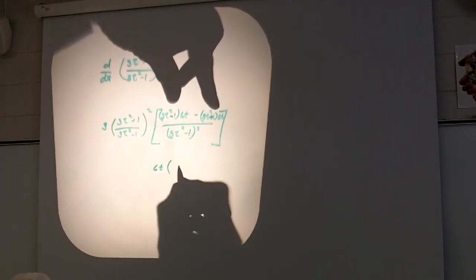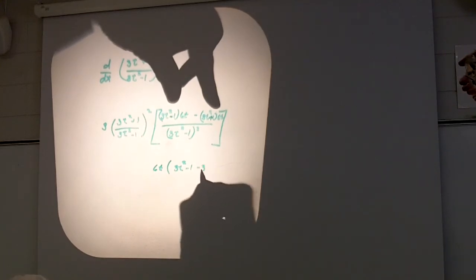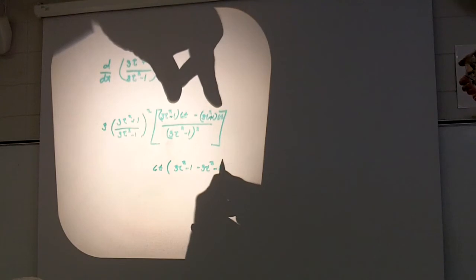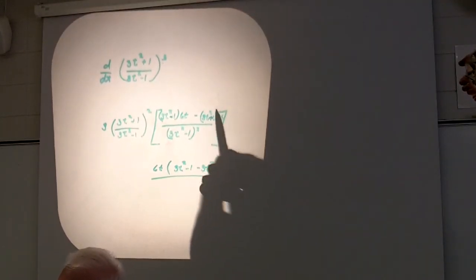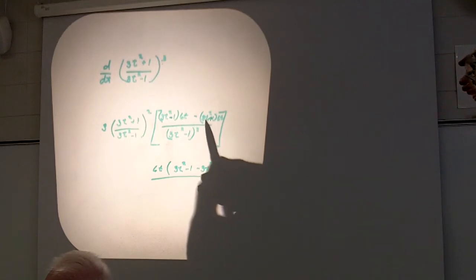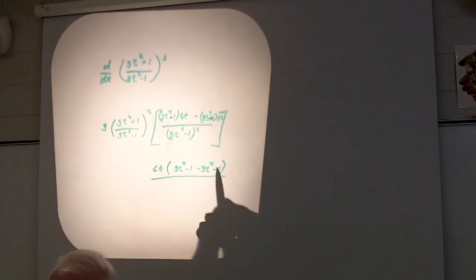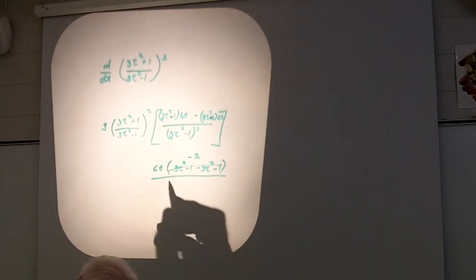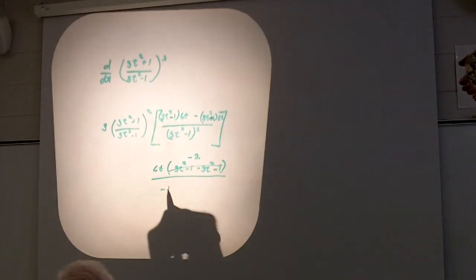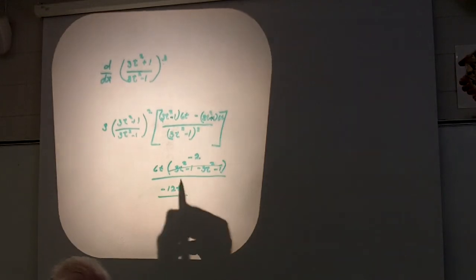This is going to be 3t squared minus 1 minus 3t squared minus 1. Just minus. Minus here gives a minus, and that's a minus. So this whole thing becomes a minus 2. And so this turns out to be a minus 12t all over.